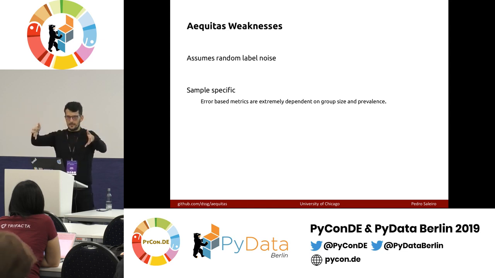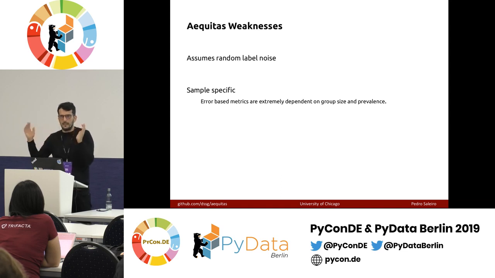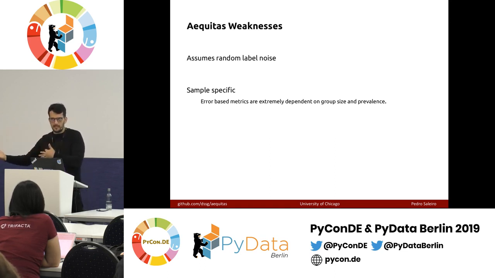The size of the groups depends on the sample. Maybe not all the patients or all the people interacting with criminal justice systems or whatever product you have in a given week or in a given month or in a given year, the population and the subgroups might be different, the sizes might be different, the prevalence and the base rates might be different.